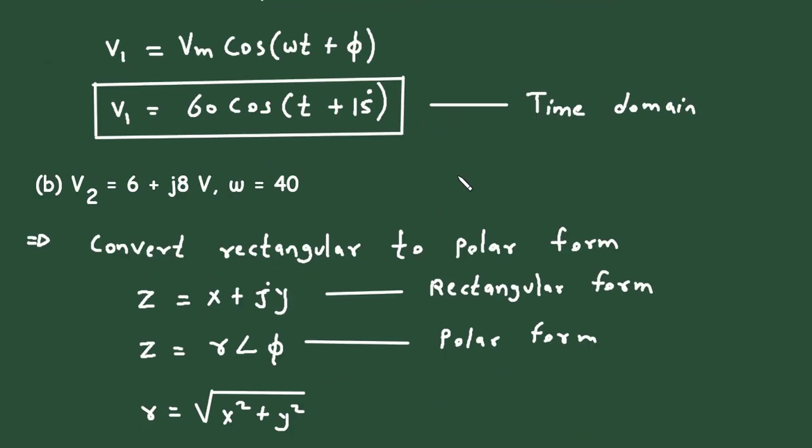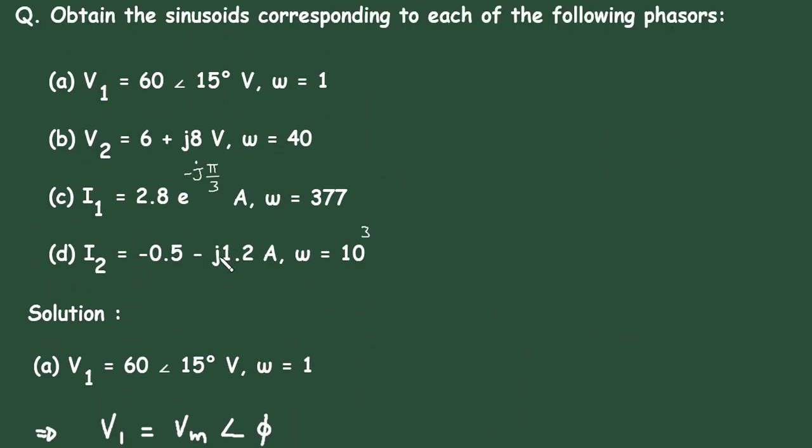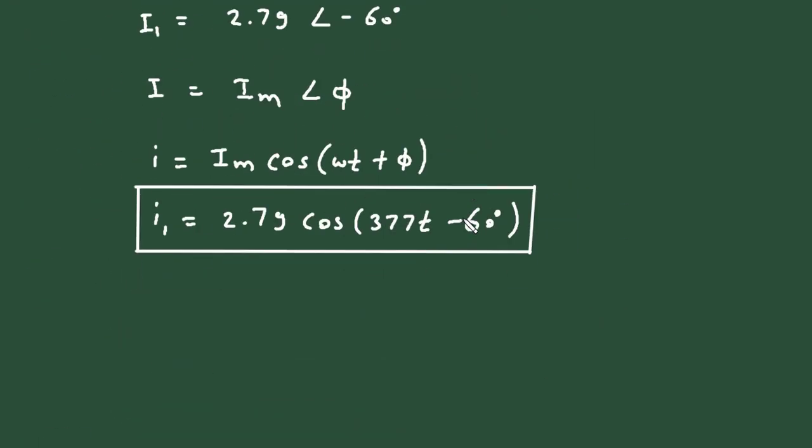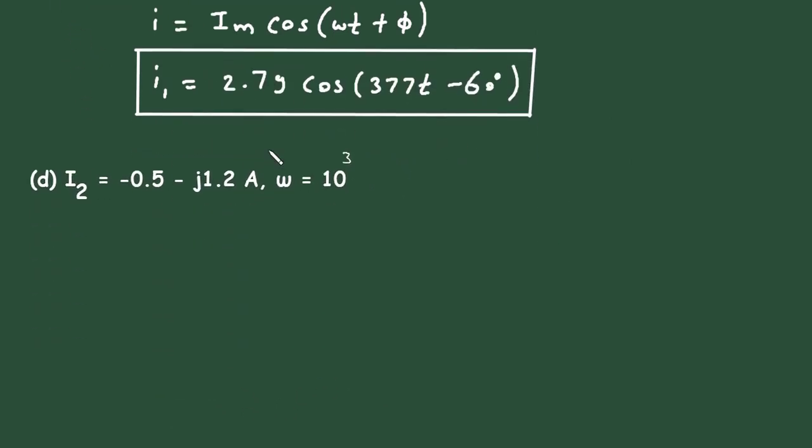Then next is problem D. Now we have to solve this problem D, so let's copy this from here first. Solution. Here we can see again this is given in rectangular form, and here the real part is negative. So let's see what we have to do now.